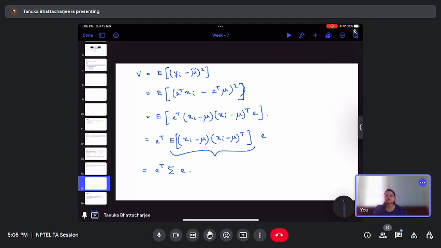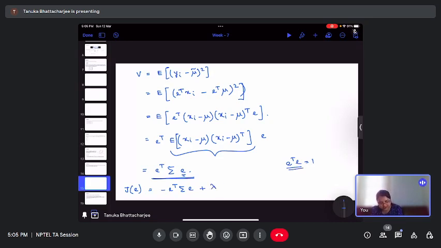So, you want to choose such an E so that this variance is maximized. Now, E again is a unit vector, so E transpose E is basically 1. Our optimization problem becomes: we have to choose a vector E so that we maximize this variance, or we can minimize the negative of it, subject to the constraint that E is a unit vector, or E transpose E equal to 1.